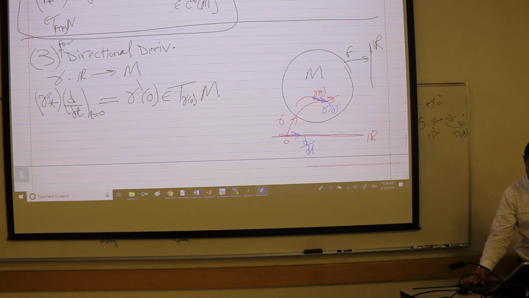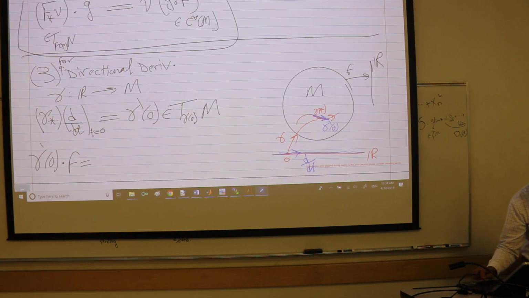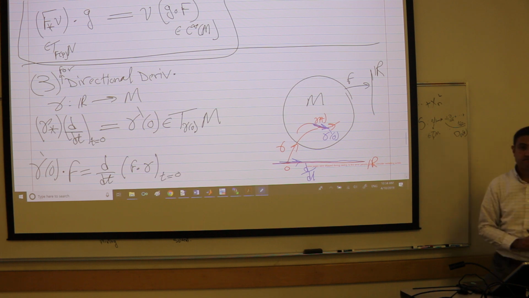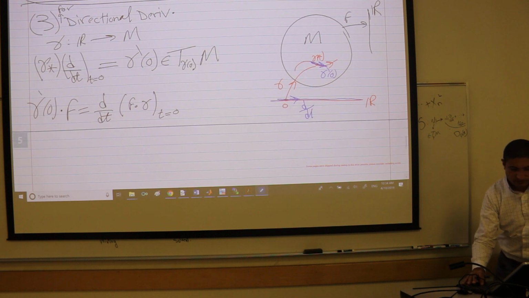So now I can have gamma prime of 0 applied on F directly, or do it by this definition, which is d by dt of F composed with gamma at t equals 0. And this operation is actually very easy to do.